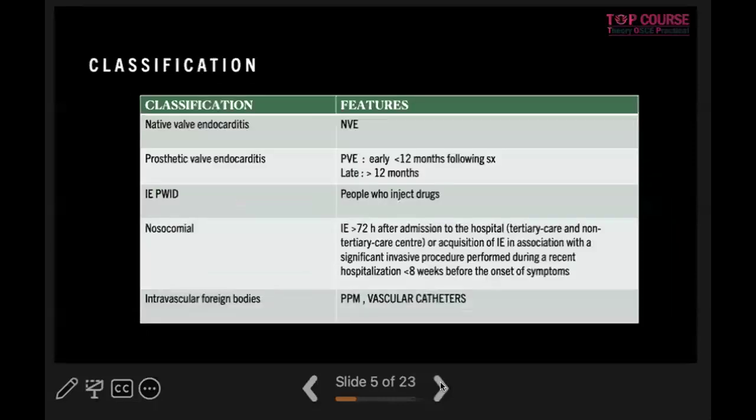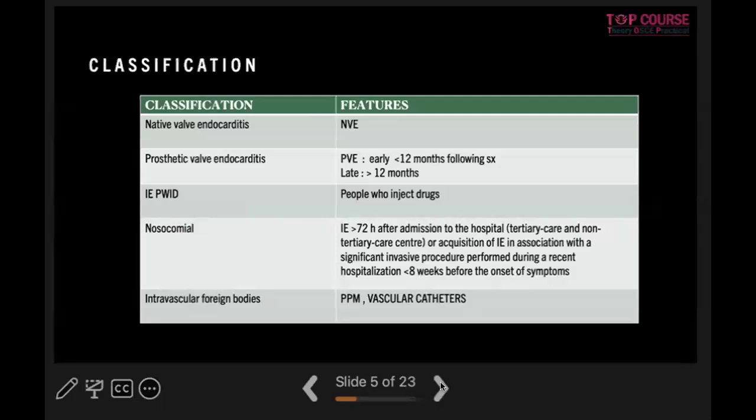The other way of classifying is based on the presence of underlying cardiac risk factors. For example, it could be native valve endocarditis or prosthetic valve endocarditis. In prosthetic valve, we have early, if it is less than 12 months following surgery, and late, more than 12 months following surgery. Or patients who inject drugs, called infective endocarditis because of the peripheral injection of the drugs.